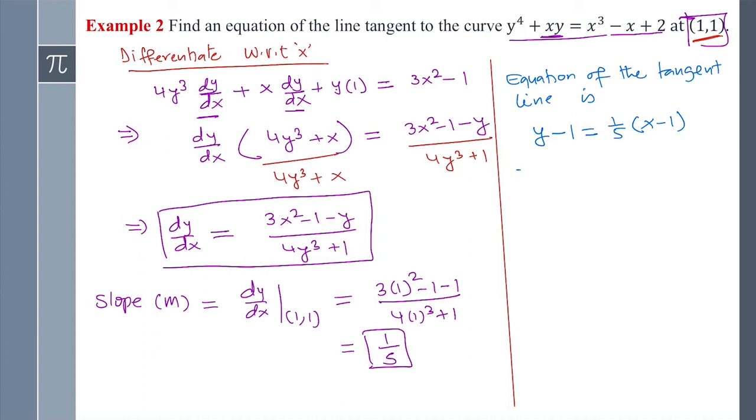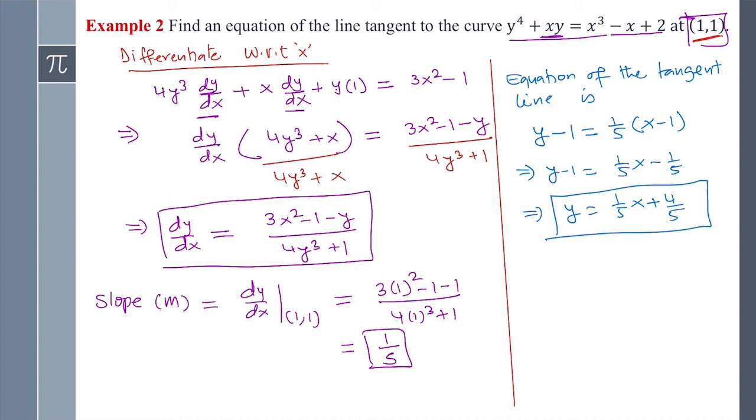So now this gives us y minus 1 equals 1/5 x minus 1/5 when we distribute that. Then if we add 1 on both sides, we get y equals 1/5 x plus 4/5. And that is the equation of the tangent line to that curve at (1, 1).